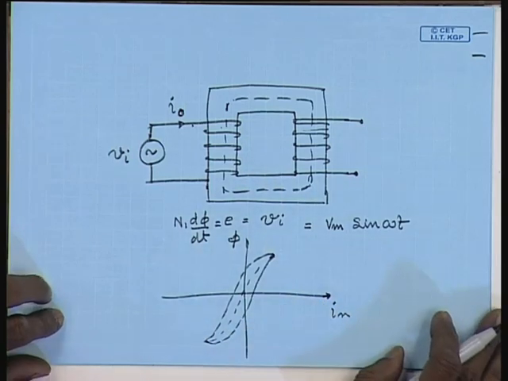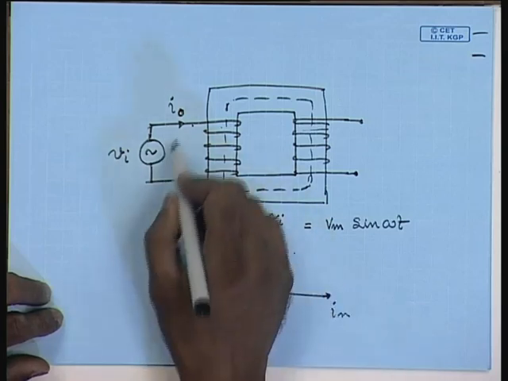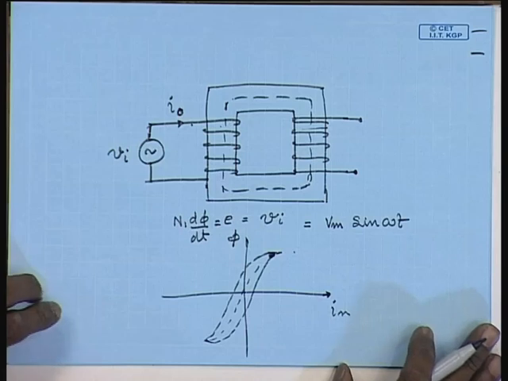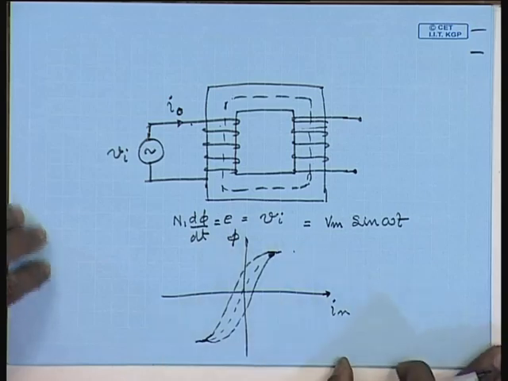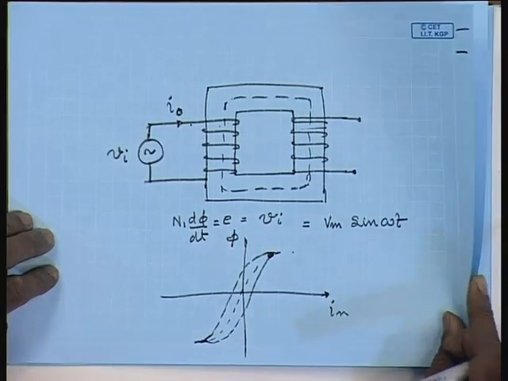Due to this nonlinear BH characteristic, we will soon see that the no load current drawn by the transformer will not be a sine wave, but it will be distorted with different harmonic components. Let us examine this a little more carefully.